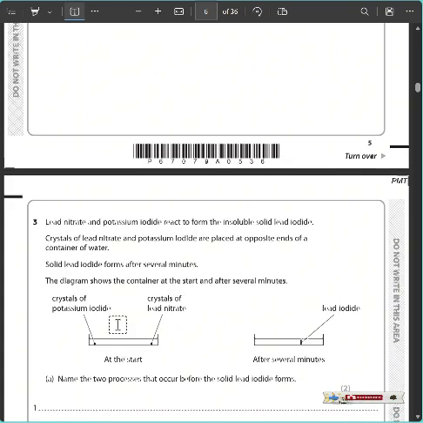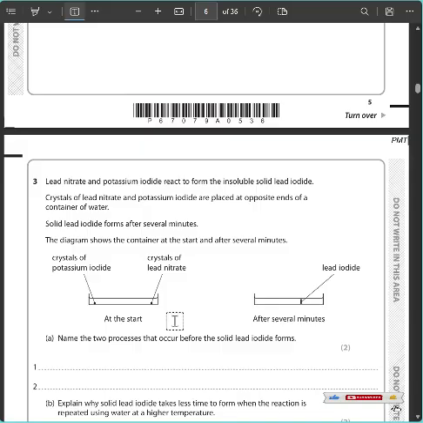The third question. Lead nitrate and potassium iodide react to form the insoluble solid lead iodide. Crystals of lead nitrate and potassium iodide are placed at opposite ends of a container of water. Solid lead iodide forms after several minutes. The diagram shows the container at the start and after several minutes.